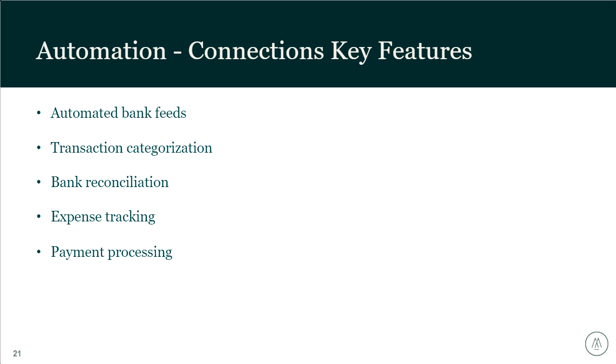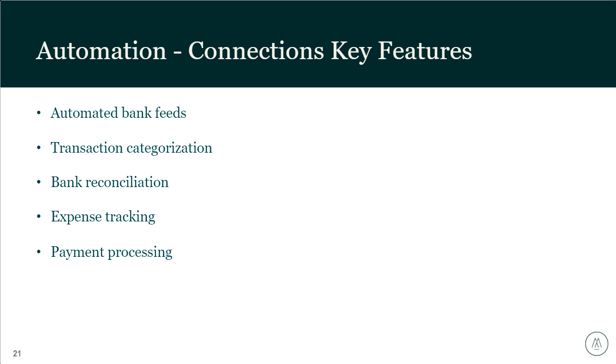Expense tracking. Automatic expense import. Business expenses can be automatically imported from bank accounts, making it easier to track spending. Integration with expense management tools. Many accounting platforms integrate with expense management tools to streamline expense report processing. Payment processing. Automated payments and ACH transfers.